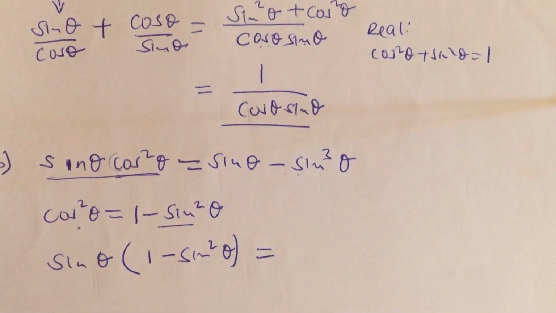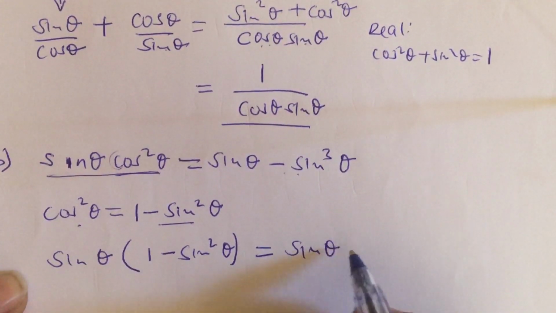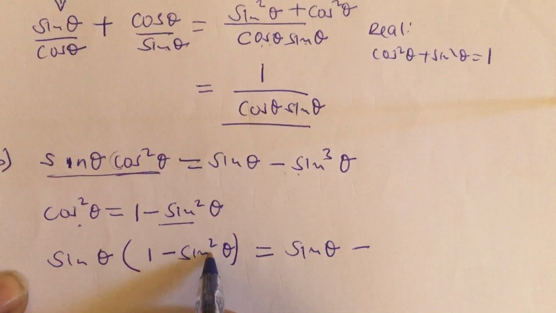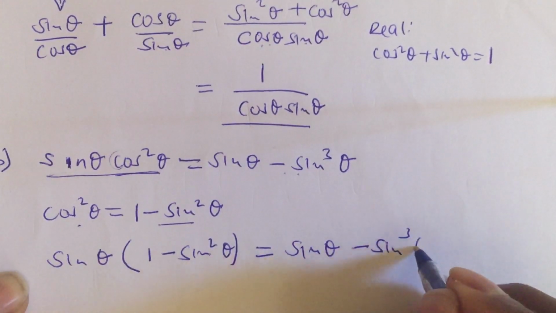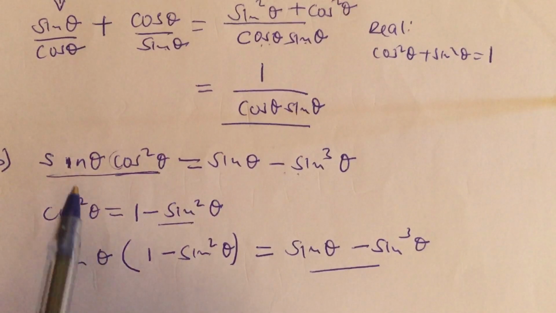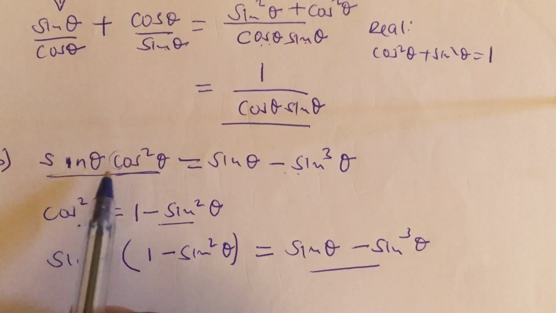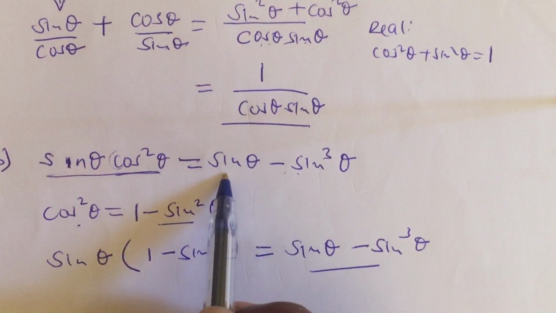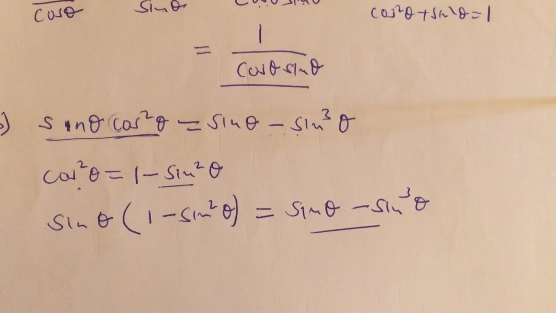If I try to expand this, then I'm going to have sine theta minus, if I multiply this one and this one, I'll get sine cubed theta. So from that short demonstration, you can specify that sine theta cos squared theta is indeed sine theta minus sine cubed theta.